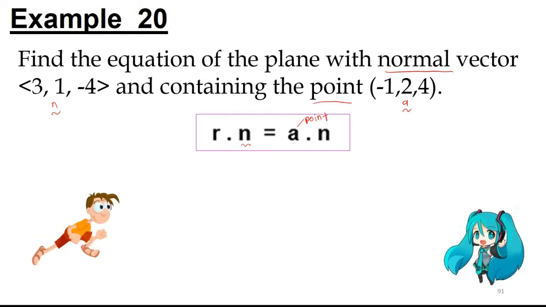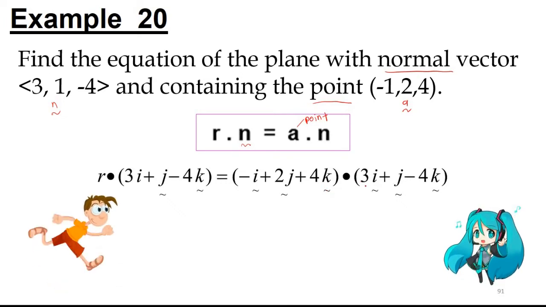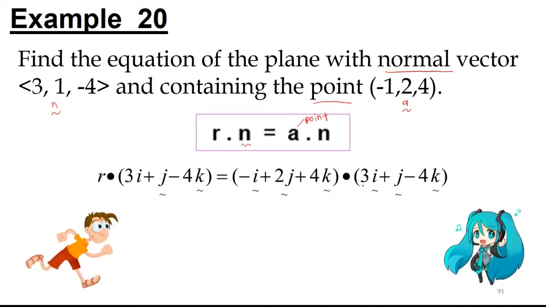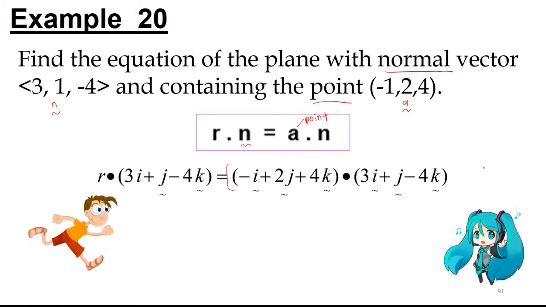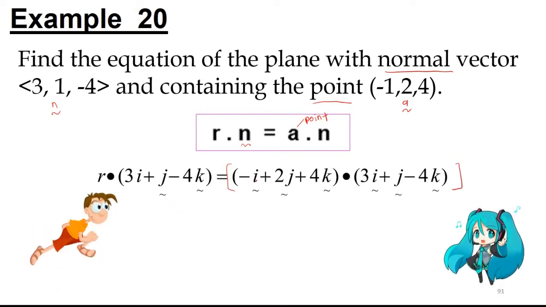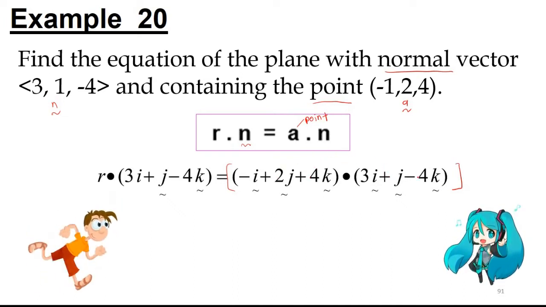Okay, so we substitute into this. We got this one lah. R dot 3i plus j minus 4k equal to negative i plus 2j plus 4k dot 3i plus j minus 4k. And then you settle right hand side part. Dot product means negative 1 times 3, plus 2 times 1 and plus 4 times negative 4.